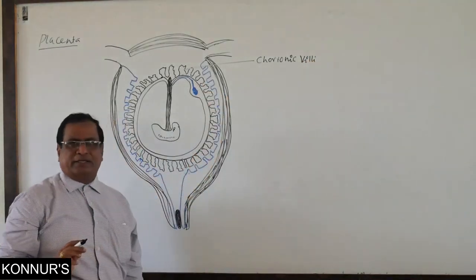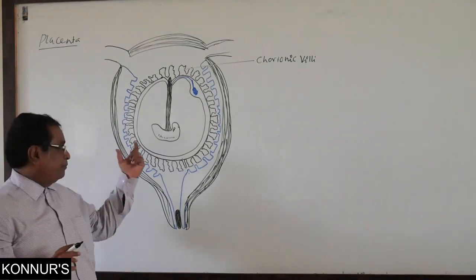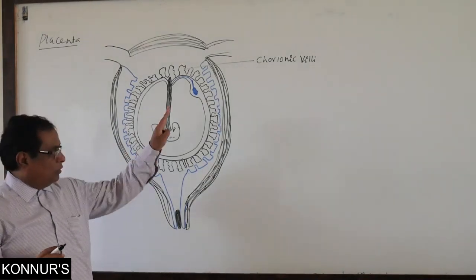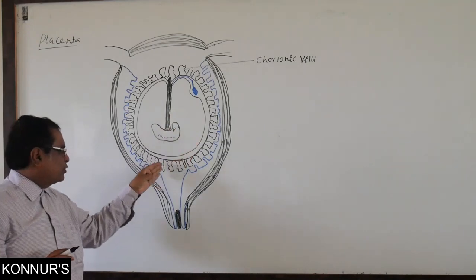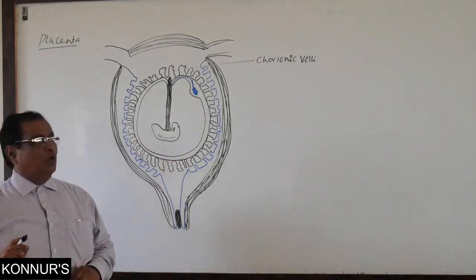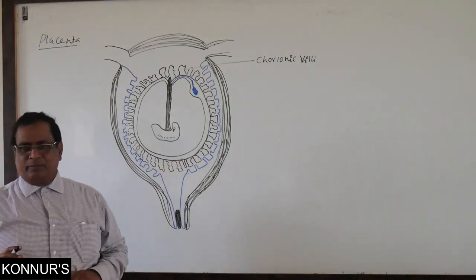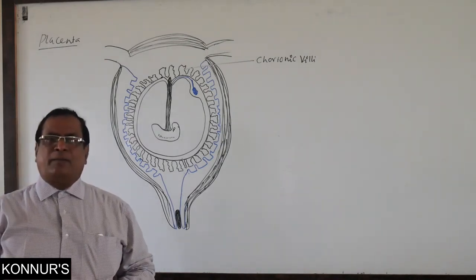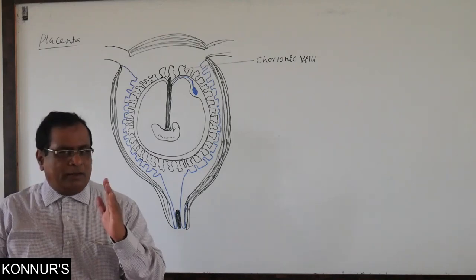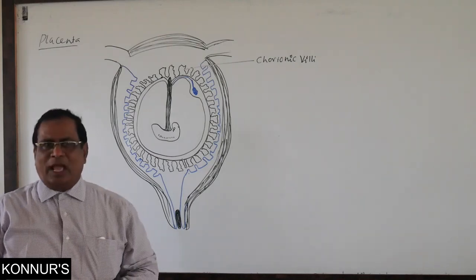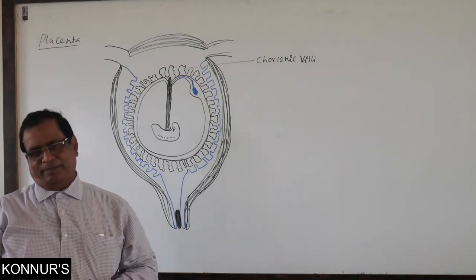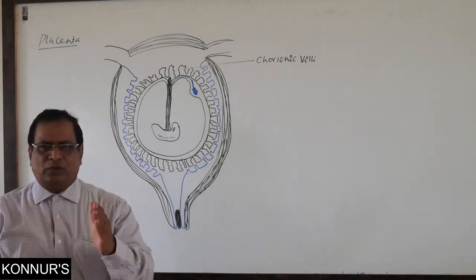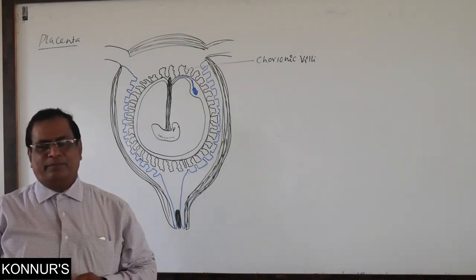The trophoblast of the embryo has finger-like projections named chorionic villi. These chorionic villi are covered by uterine tissue and maternal blood.